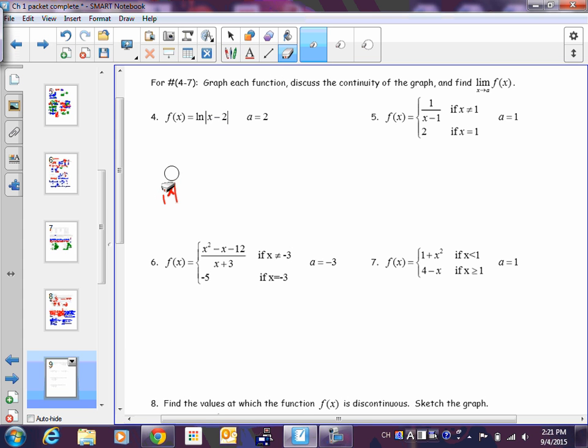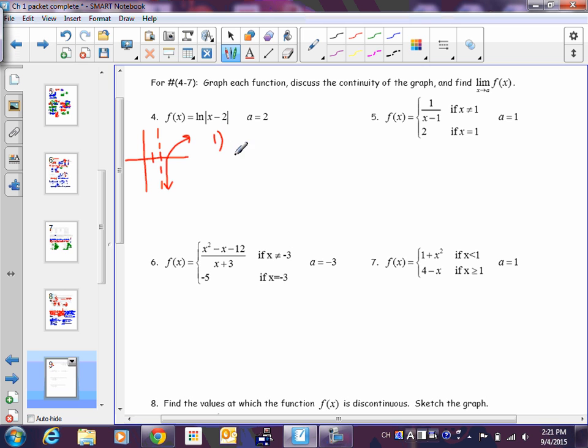Okay, so what's the transformation on this one? Right 2. Why not down? It's not outside. Y'all all know that one. So there we go. That's what that graph looks like. Now I'm going to show you in a second how to do this if you didn't know how to graph that. You could still do this problem.